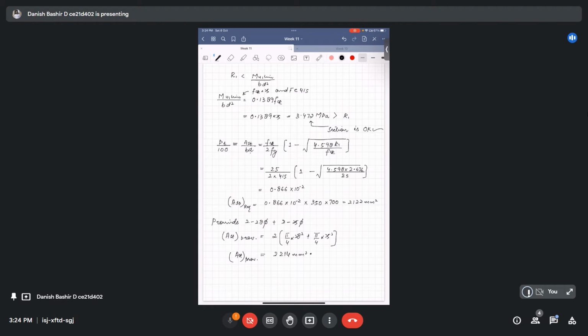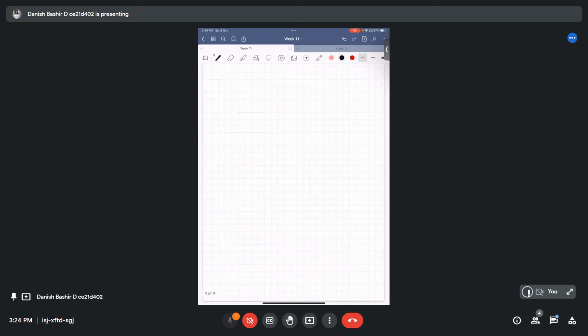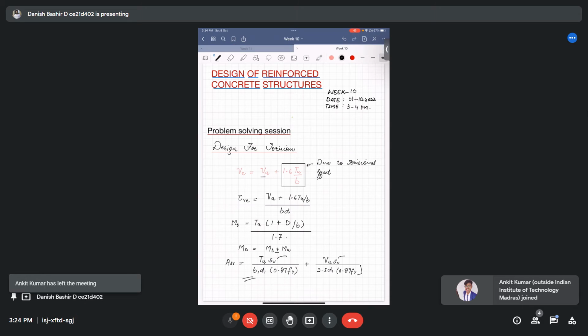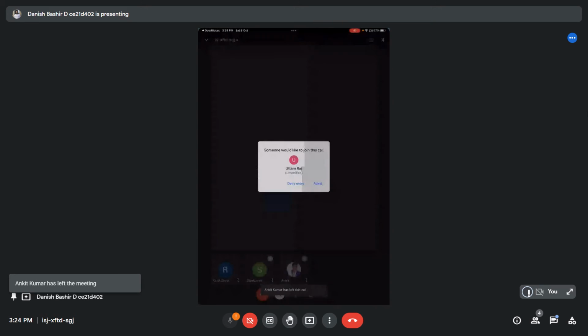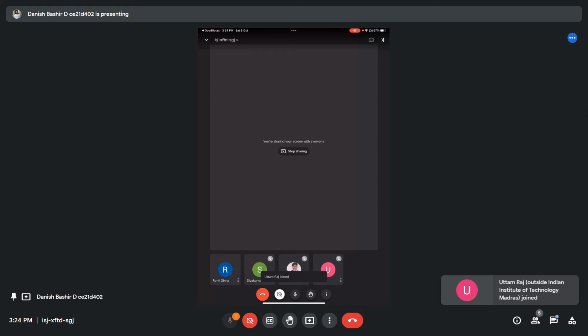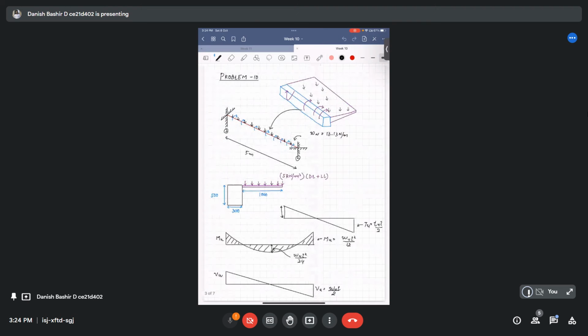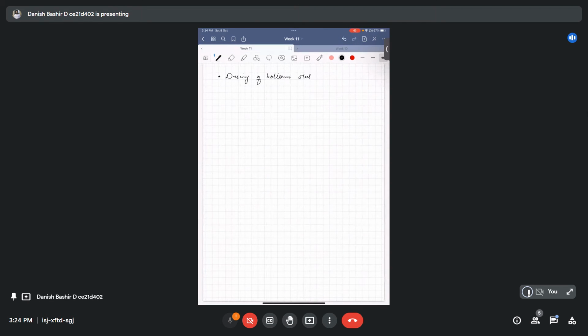And now we will go for the design of bottom steel.